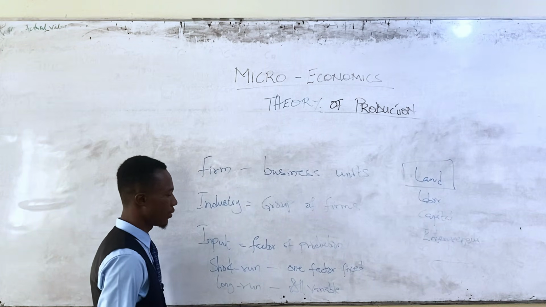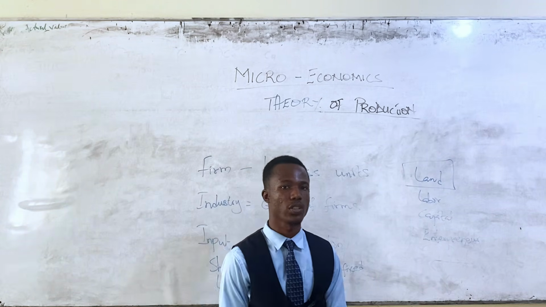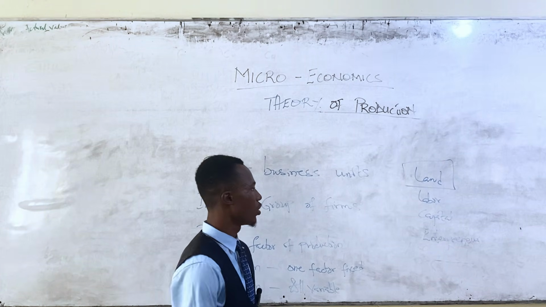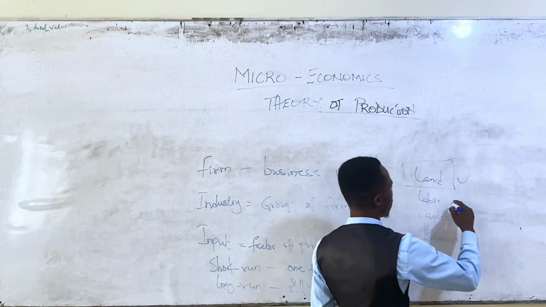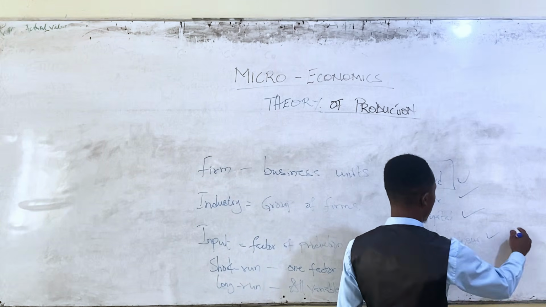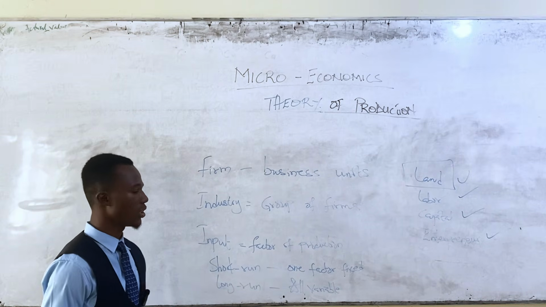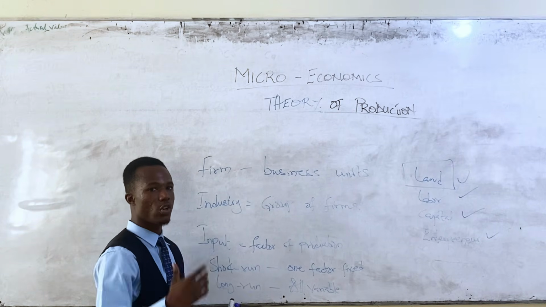Then for the long run, we are saying all the factors must be variable. The land, the labor, capital, and entrepreneur must all be variable. They must all adapt to changes because you are doing the business in the long run.